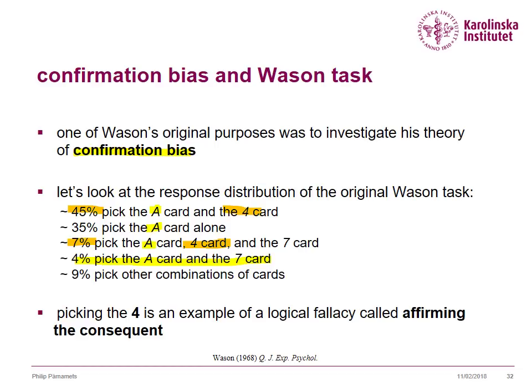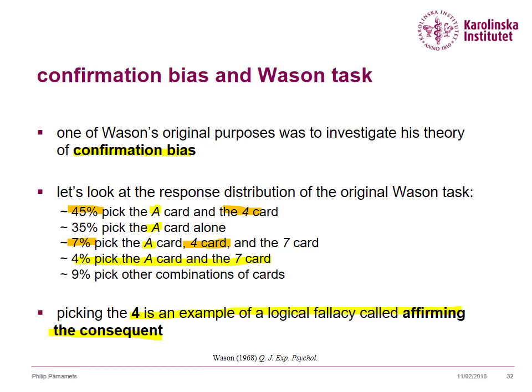And this is particularly interesting because the 4 card is an example of a logical fallacy called affirming the consequent. So remember, the 4 card is the Q in the if P then Q form of the rule. And the problem with picking the Q card is it adds no information to the rule. It will at best confirm something you already knew, which is that if you turn it over, then there might be an even card, and then you'll confirm the rule that you had.